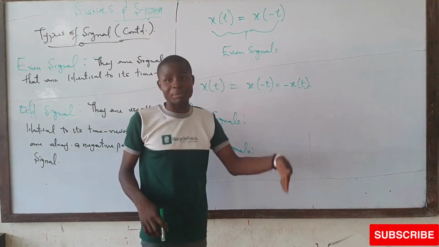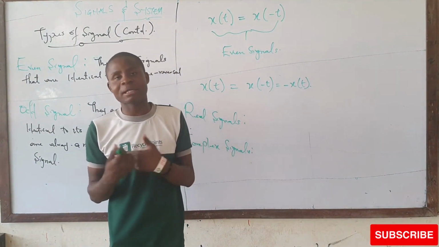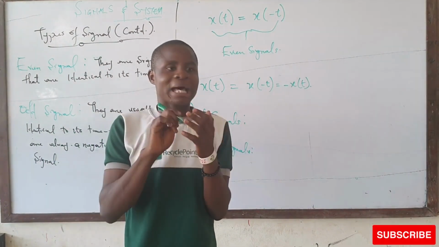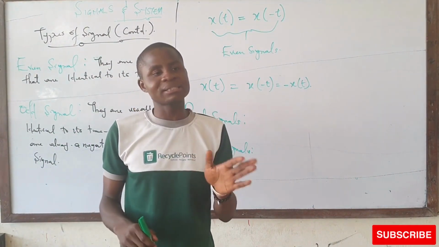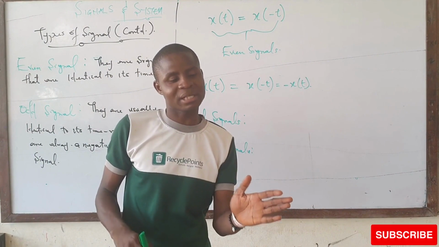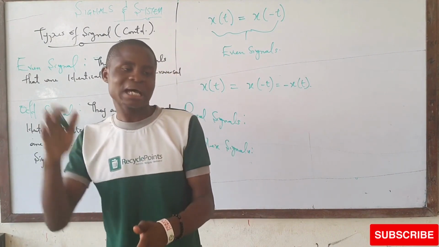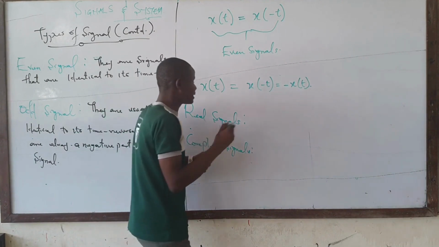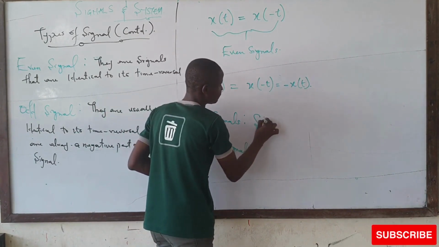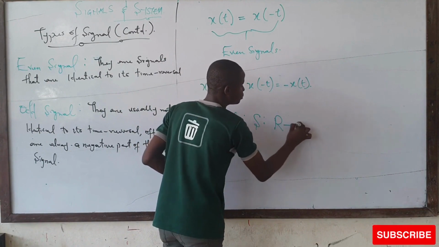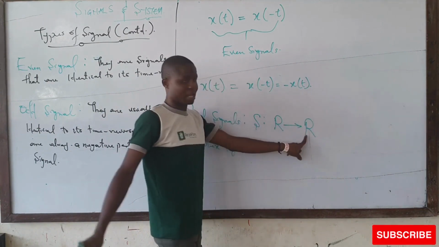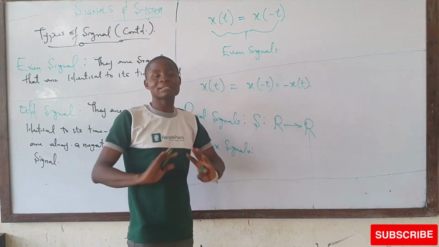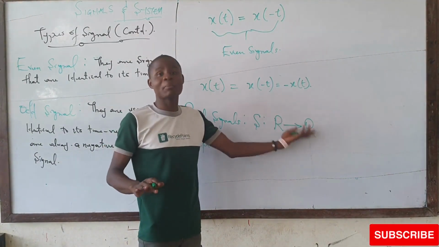That is, signals whose domain, as I defined at the start of this video, maps from a domain to a codomain. Real signals are signals that map from real numbers to real numbers. They are called real signals. They are specified in real numbers.